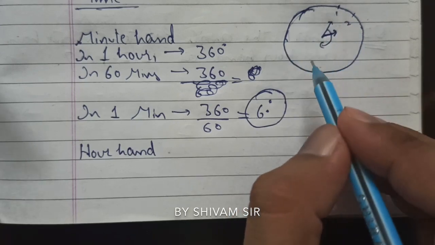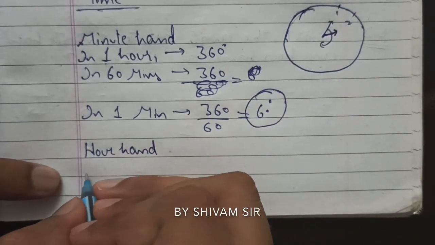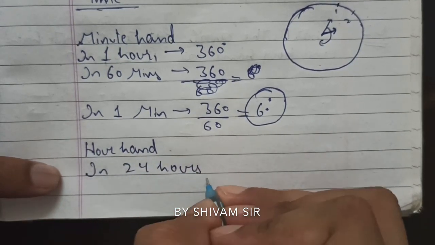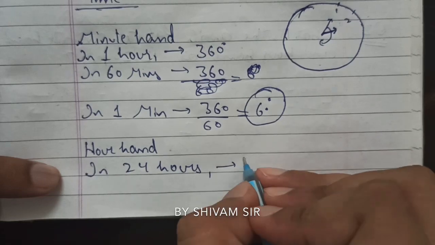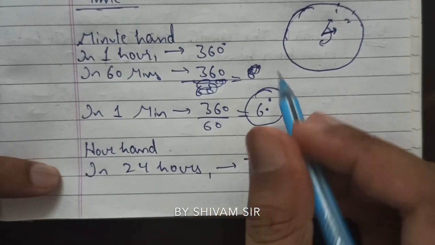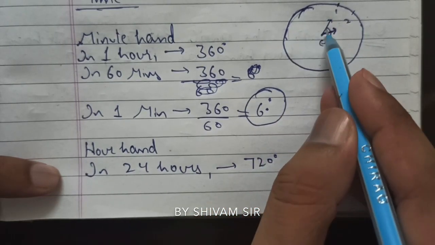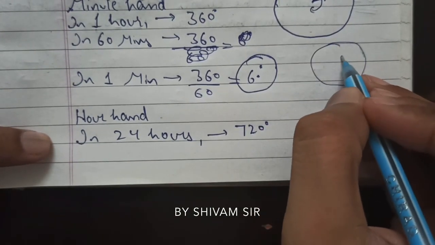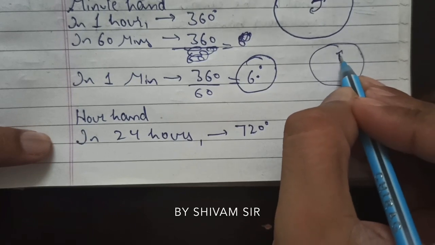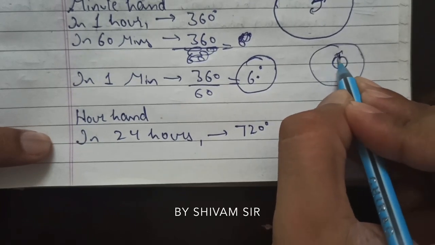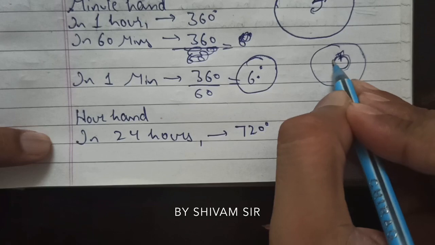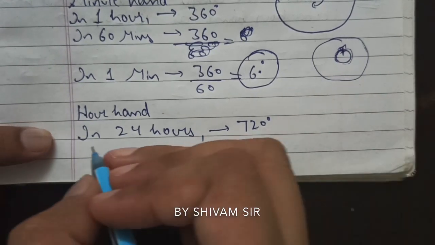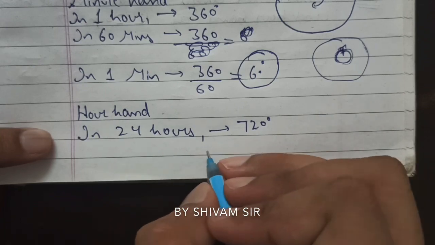So in 24 hours, the rotation will be 720 degrees. 2 times means 360 one time and 360 another time. Suppose this is a circle and this is the hour hand: for the first 12 hours 360 degrees, then again for the second 12 hours 360 degrees, so 720 degrees. So in 24 hours it rotates 720 degrees.